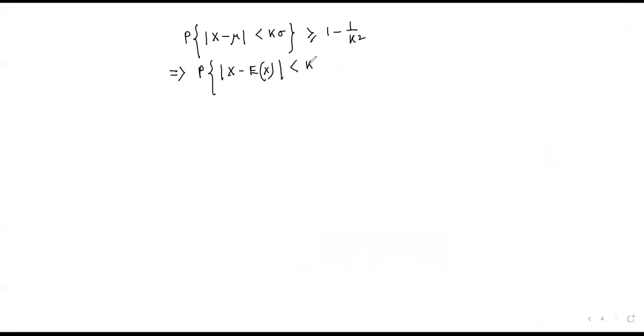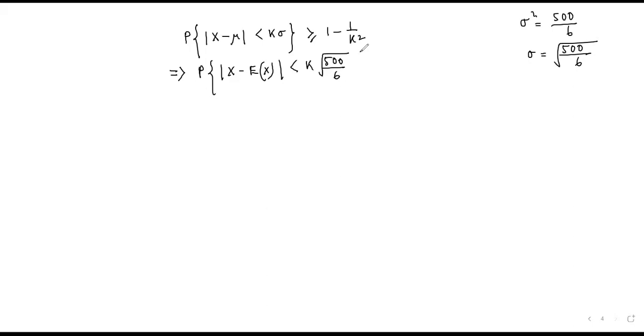By the second form of the Chebychev's inequality, we have that the probability of |x minus mu| less than k sigma should be greater than or equal to 1 minus 1 by k square. We know that mu is the expectation of x, and sigma is the standard deviation of x. Variance of x is 500 by 6, so the standard deviation is the positive square root of 500 by 6.